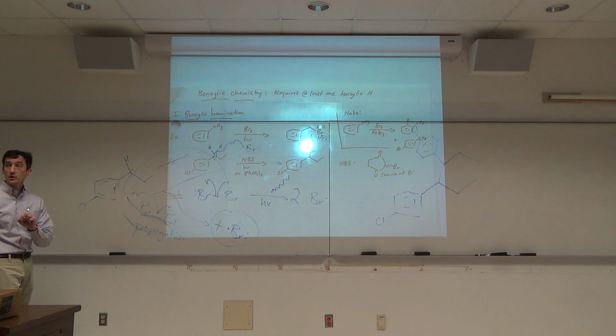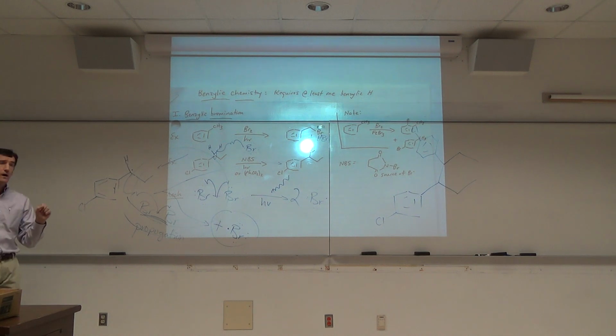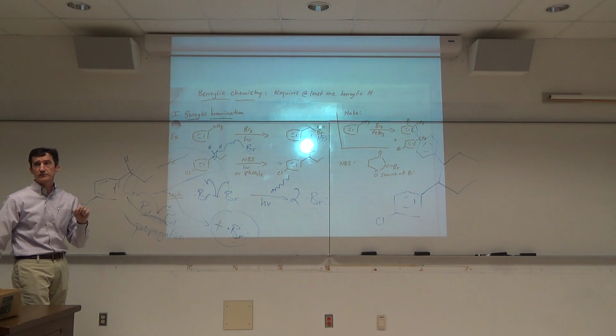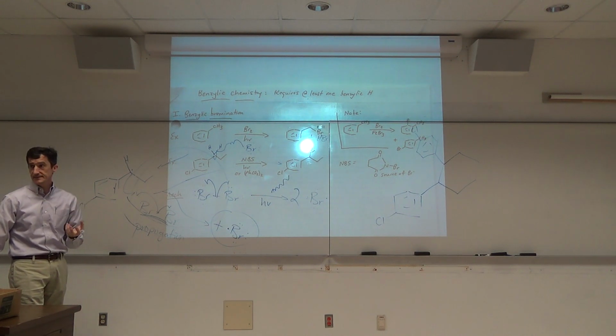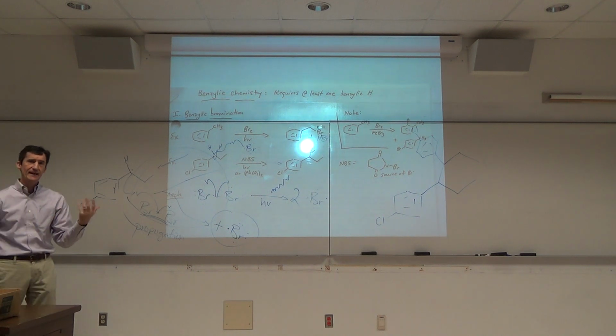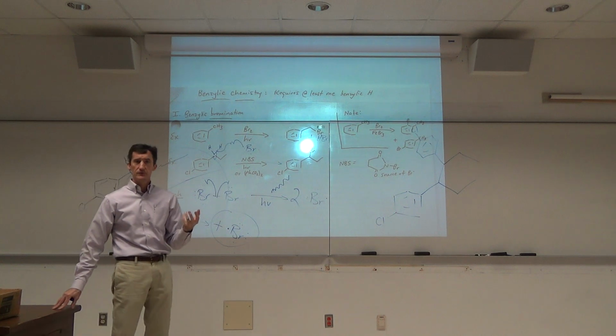NBS does also produce bromine radicals. NBS is better because NBS is a nice, stable solid that you can weigh out at the balance. Bromine is a very reactive liquid that's mostly gaseous. Would you rather weigh out a nice, stable solid at the balance or some gaseous liquid that is very toxic?